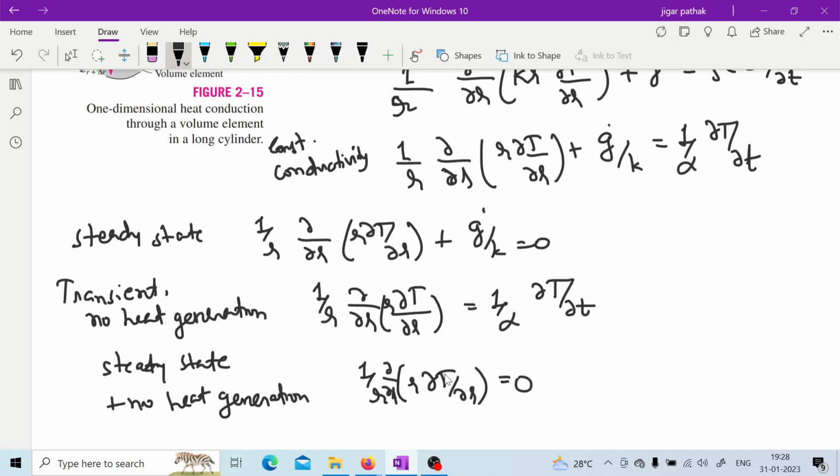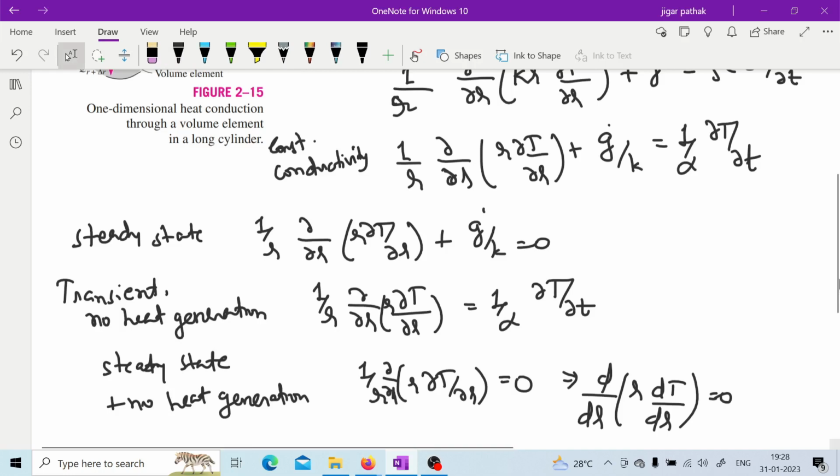So this is how you can have it, and this r can also be taken this side, so it is only d by dr dT by dr. Or you can say exact differential also, because here only this variable is there, right? Yeah, so this is how you can have it for this cylinder, right?